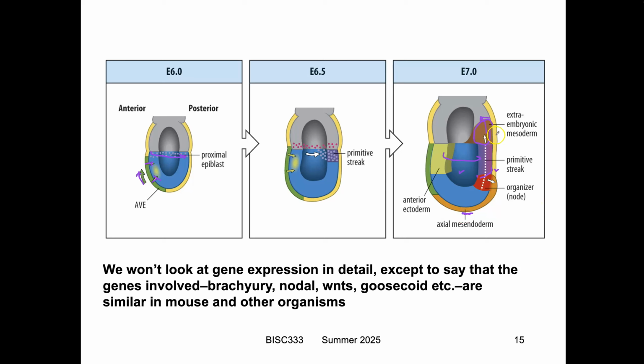Okay. Now there are some genes being expressed here, but I think that we'll just leave it at this. Brachyury, which you've heard about, nodal, which you've heard about, Wnt and goosecoid, which you've all heard about, are doing similar jobs in this stage as they are in other organisms.